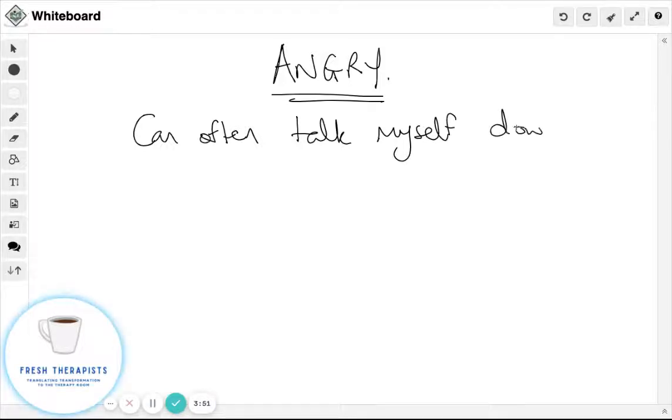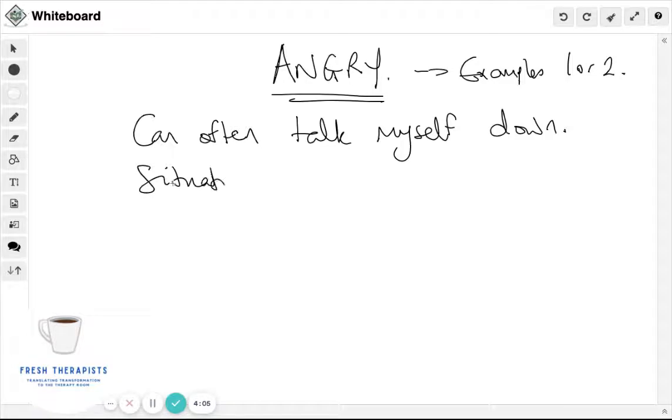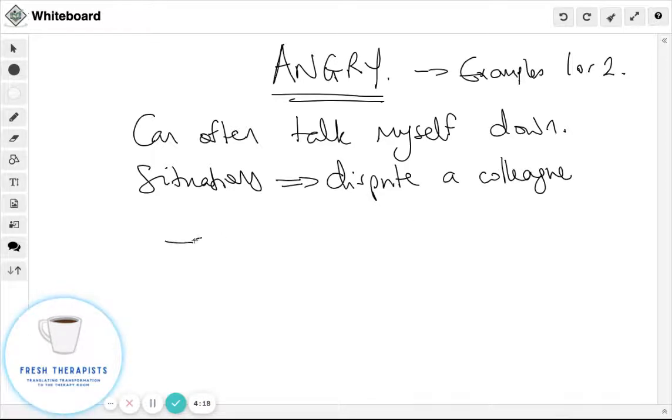And you can even start digging into things like, give me some examples that show that you're a 1 or a 2 rather than a 0. And then people can start painting in these situations. Well, the other week, for instance, I had a dispute with a colleague and I didn't get angry. This happened instead.